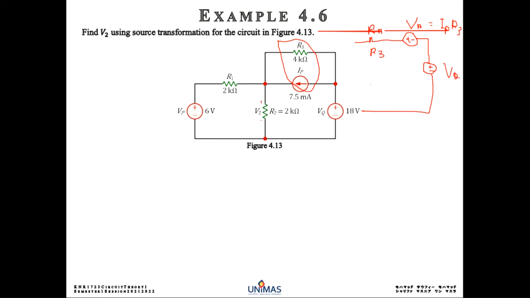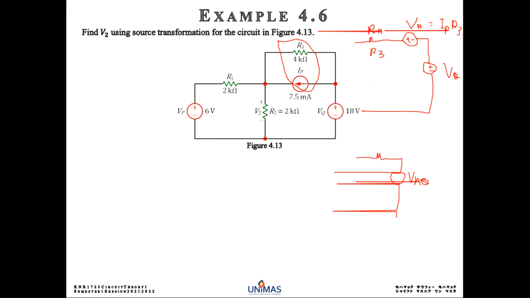So sama juga now. So now what you can do is that you combine VA and VQ. So kita namakan dia, katakan resistor ni RA. So kat sini kita ada VAQ.